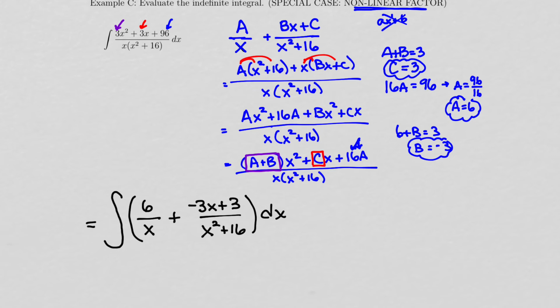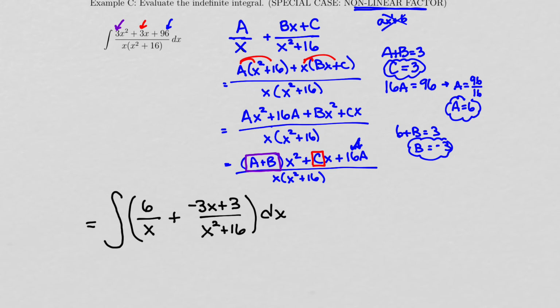Owen, what are you thinking? Split it up, so negative 3x over x squared plus 16 plus 3 over x squared plus 16. On your FE quiz, you had a bunch of these. Well, not a bunch, but I think more than one, where you have an x squared plus 16 on the bottom.